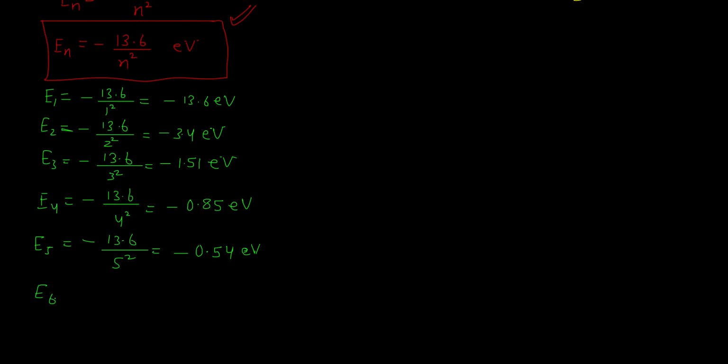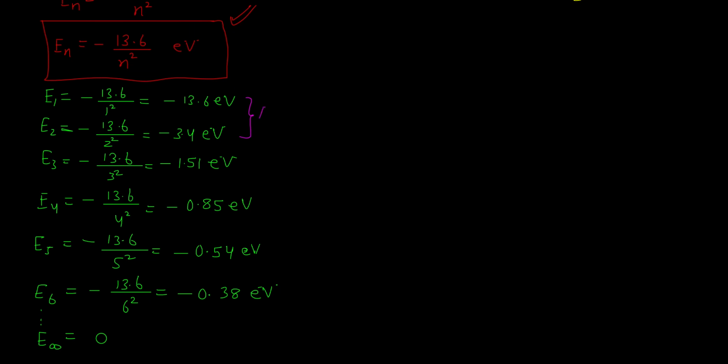And similarly, E6 will be -13.6 divided by 6², that is, -13.6 divided by 36, so it is -0.38 electron volt. And if you are moving further, if you put n equal to infinity, you will get energy 0. In the same way, we can calculate the energy difference between two successive orbits also.